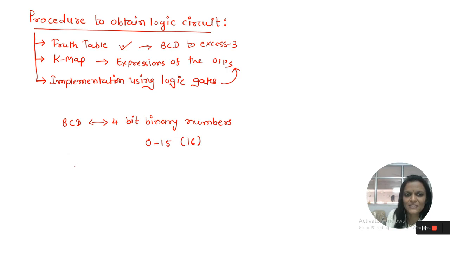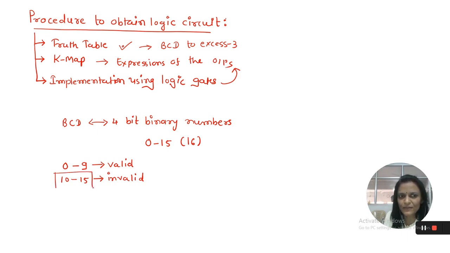Whereas in BCD numbers only 0 to 9 are valid numbers, and 10 to 15 are invalid numbers. So in the K-map, that means when we go to the second step of the procedure, we will consider these 10 to 15 numbers as the don't care numbers.